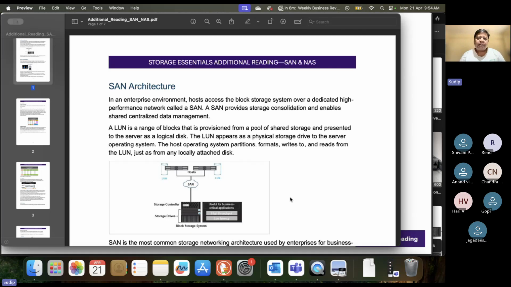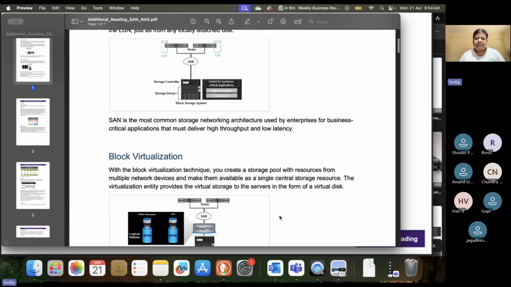Like you are getting a new term here called a LUN. LUN means logical unit number. Okay. So what exactly is a LUN? Anyways, we will learn it in our subsequent classes. But just do a little bit of reading on it. All right. And then come to the next class.